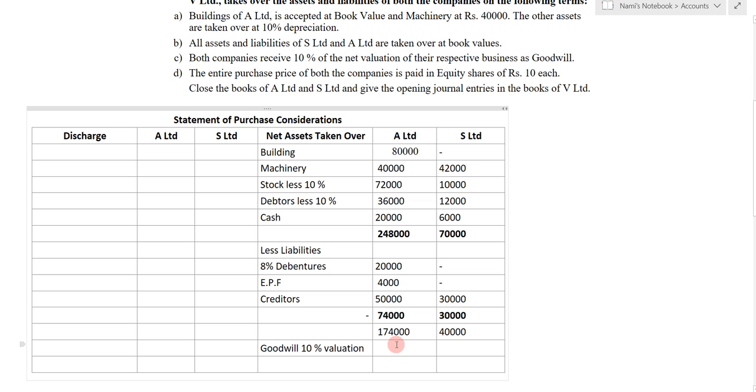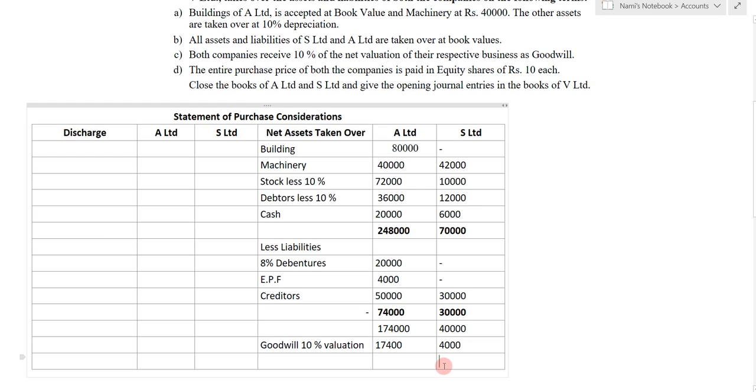Valuation. Okay, so 10% of 1,74,000, we get 17,400, and 10% of 40,000 is 4,000.